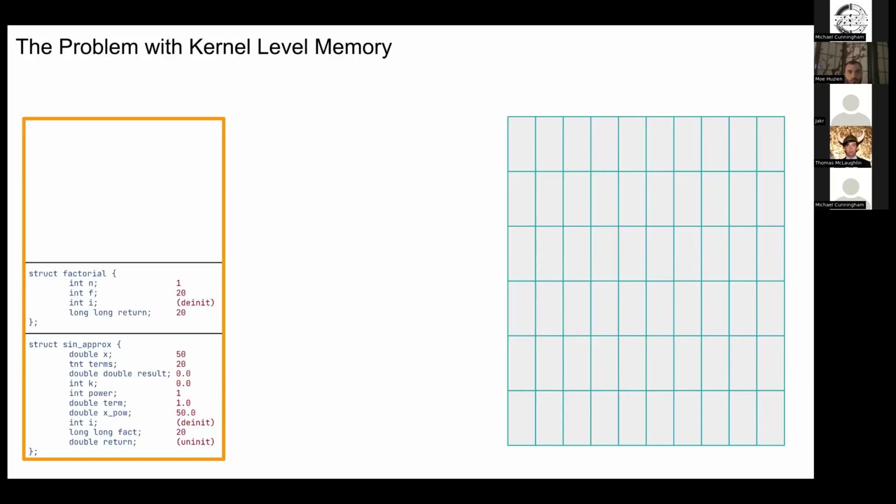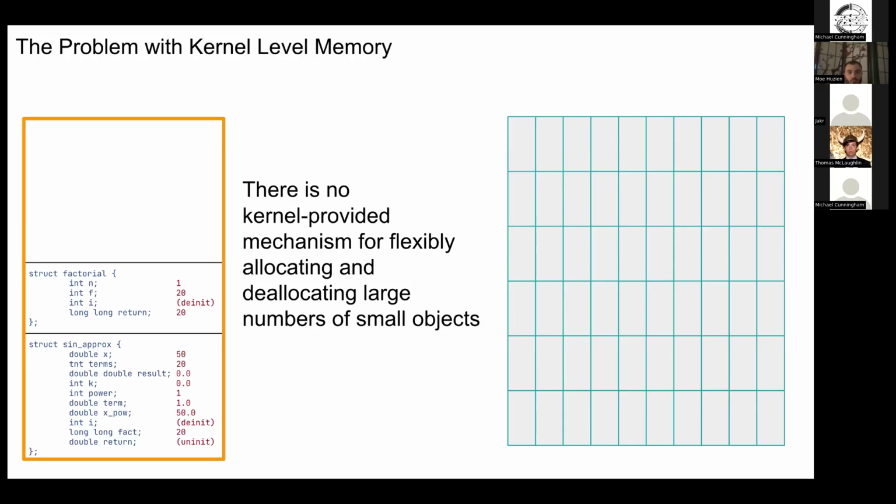If we think about these and the ways that we can use them, there's one problem that is not solved by the kernel APIs that we need to solve in order to write programs. And that is that there's no kernel provided mechanism for flexibly allocating and deallocating large numbers of small objects.